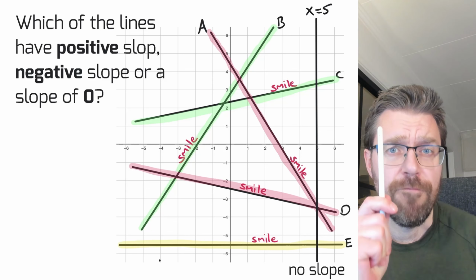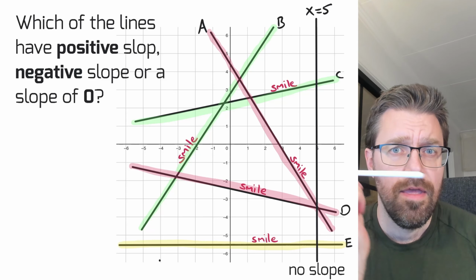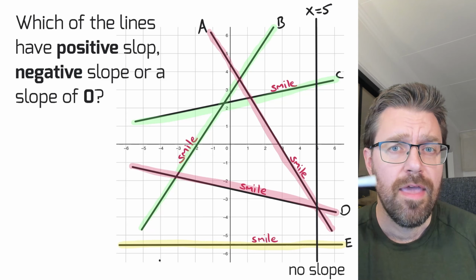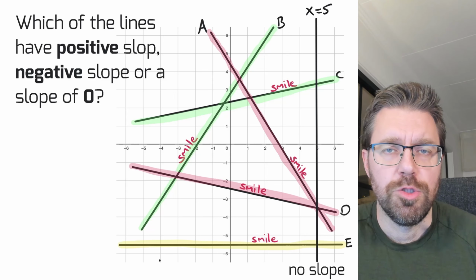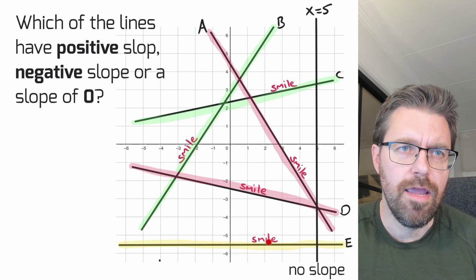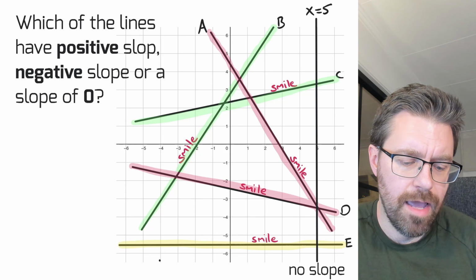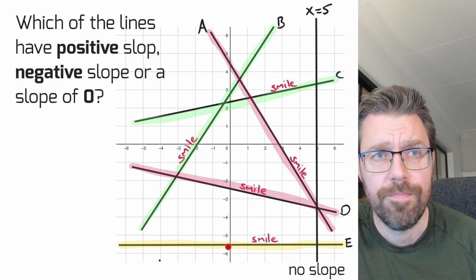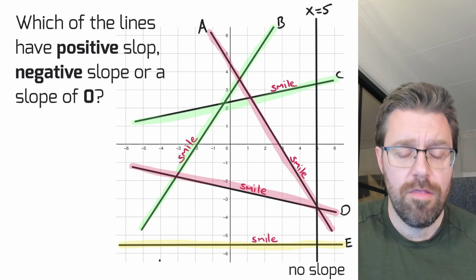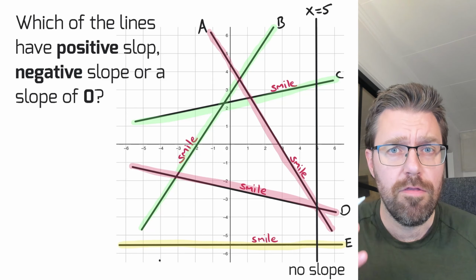And this is for vertical lines. For horizontal lines, every point on the line has the same value of y, like the line E right here. Every point on this line has a value like -5.5 or something like this. So the equation for this line is y equals -5.5.